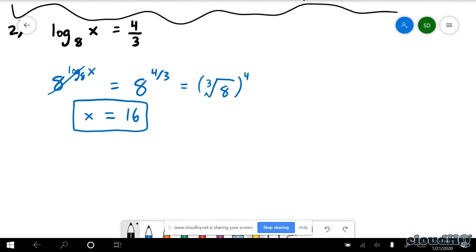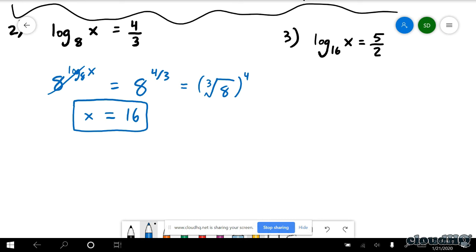Okay, let's try another problem. Log base 16 of x is equal to 5/2. I want to get rid of a log, so I will exponentiate.